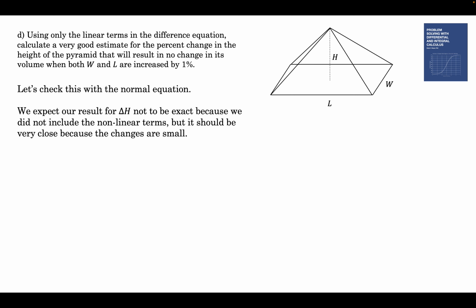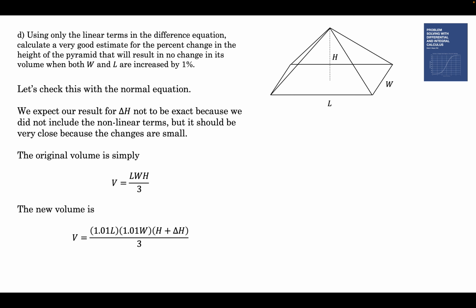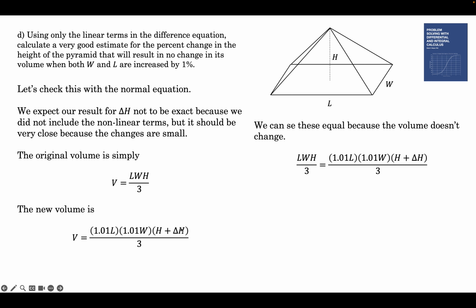What's delta H exactly when both W and L are increased by 1% to have no change in volume? So there's the original volume. The new volume is this, but we can set these equal because we don't want the volume to change. And then solve for delta H. So there's the original volume, there's the different volume.